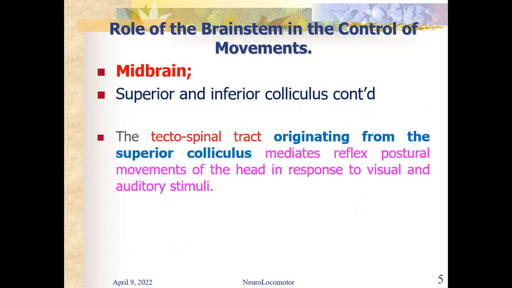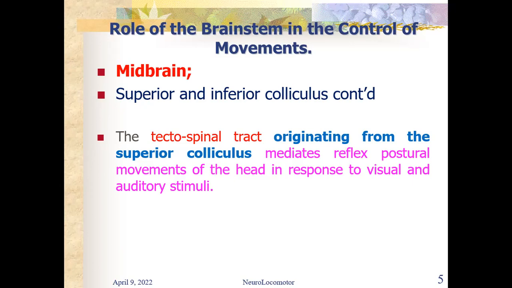The tectospinal tracts. Remember what we said about the extrapyramidal tracts, those tracts that originate outside the motor cortex. We call them the indirect pathways. The direct pathways are the motor tracts that originate from the motor cortex, the premotor cortex, and the supplementary motor area.